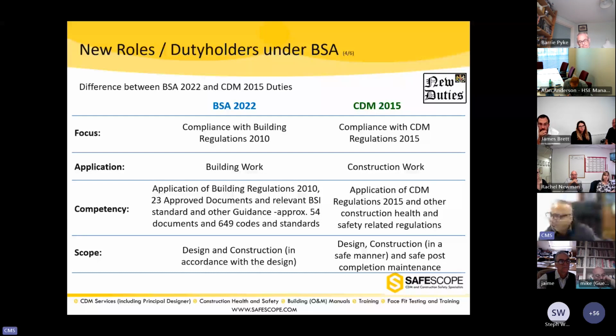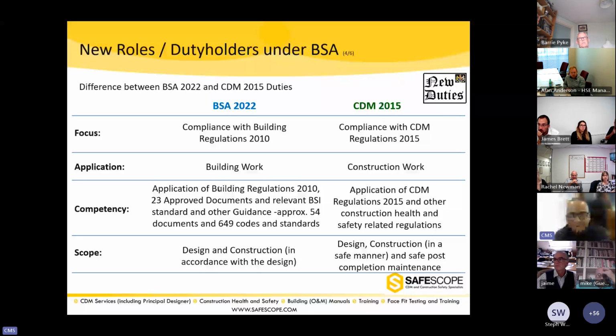But CDM regulation talks about the design, construction in a safe manner, i.e. we're talking about the design which is safe, and construction which is safe on site as well, and safe post-completion maintenance, cleaning, etc. And to the extent that we talk about the CDM regulation, that it goes right up to ultimate demolition of the project or asset and whatnot, 40, 50, 100 years down the line.